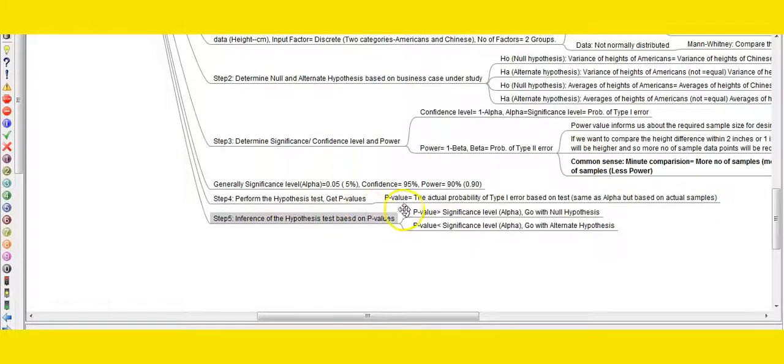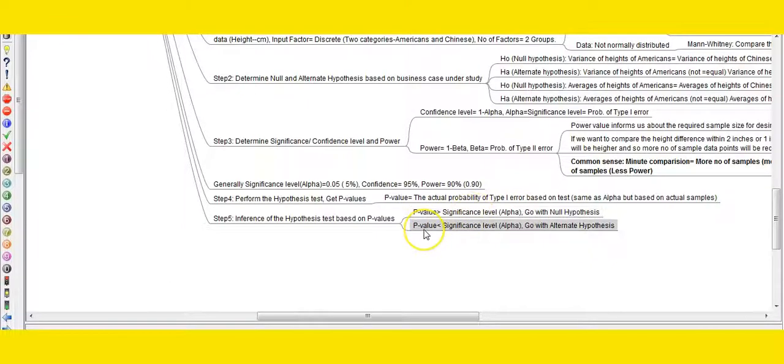If my p-value is greater than the significance level, which I said is normally 5%, so 0.05, then I will go with the null hypothesis. That means my null hypothesis is suitable for me.